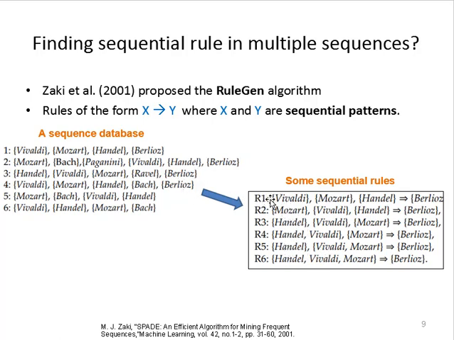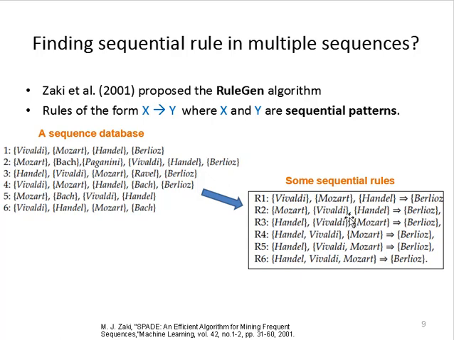If you look at the first one, rule 1, Vivaldi followed by Mozart followed by Handel implies that the people will buy Berlioz later. Mozart followed by Vivaldi followed by Handel will imply that later the person will buy Berlioz again.